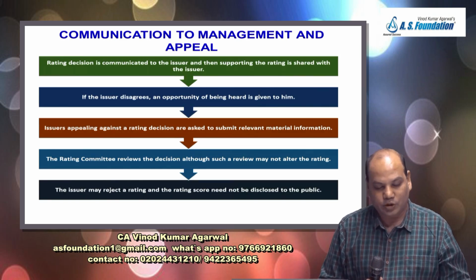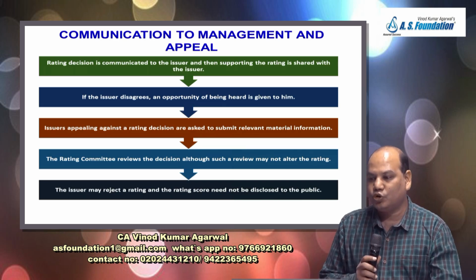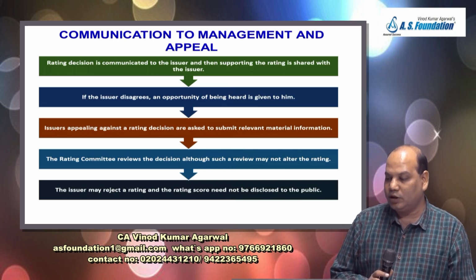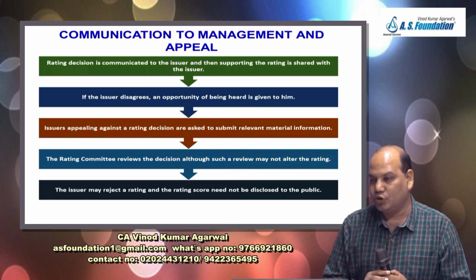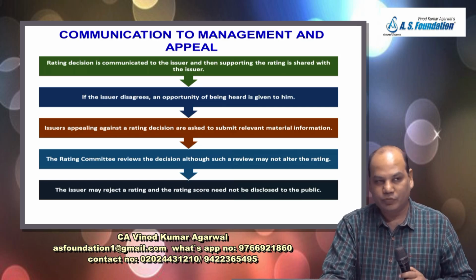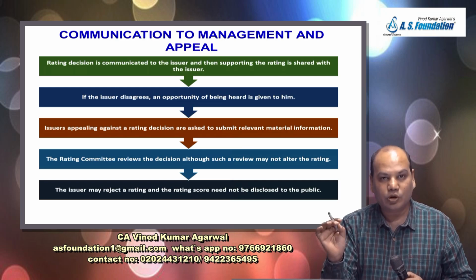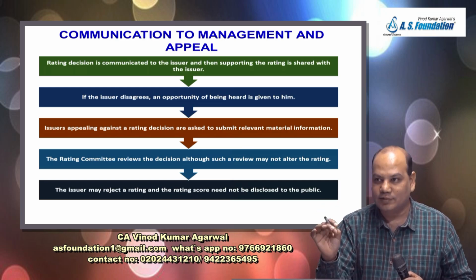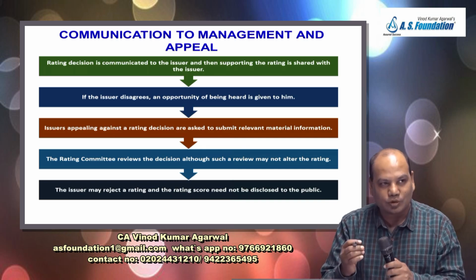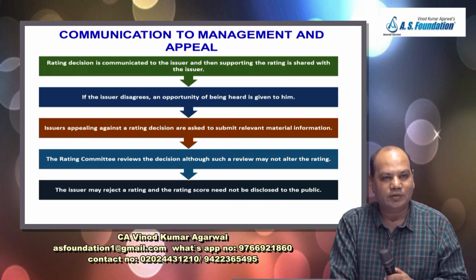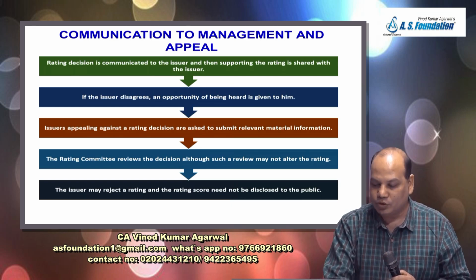Rating decision is communicated to the issuer, and then supporting the rating is shared with the issuer. It means you will communicate your rating. You will also give the reason, the evidence, okay, the documents, the source on which you have relied while giving this rating.